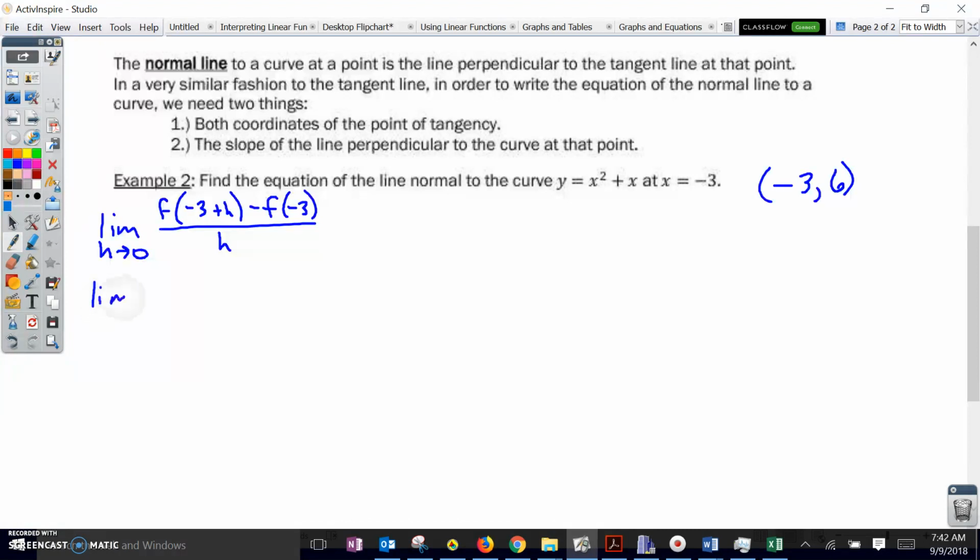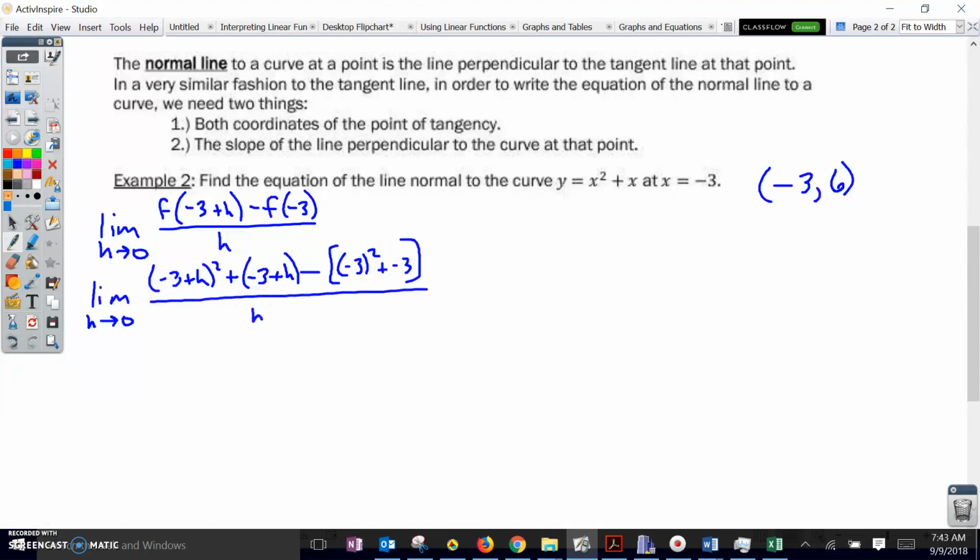And that is the limit as h goes to 0 of negative 3 plus h quantity squared plus negative 3 plus h minus negative 3 squared plus negative 3, all of that over h.